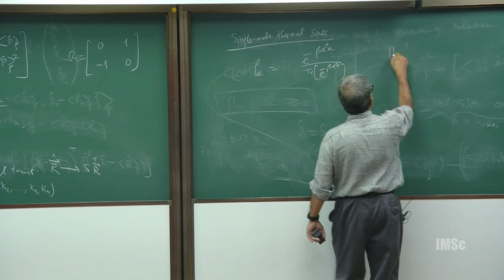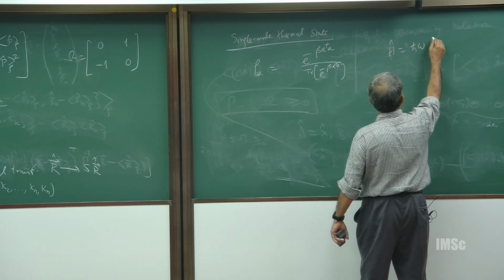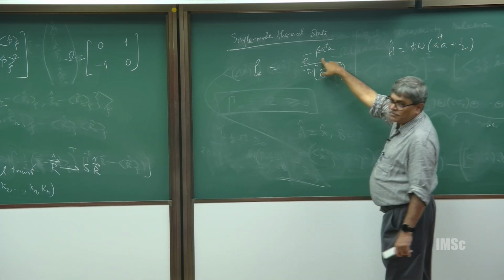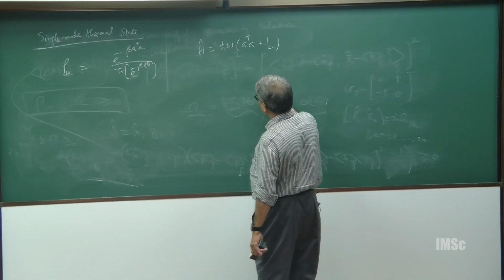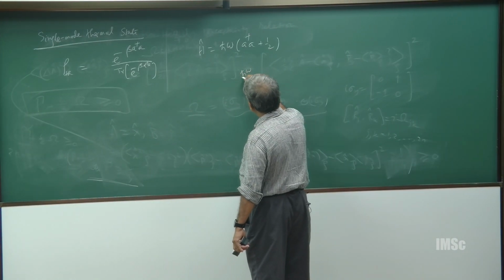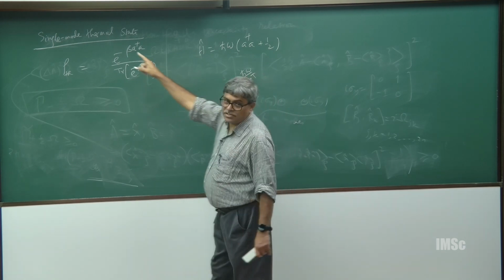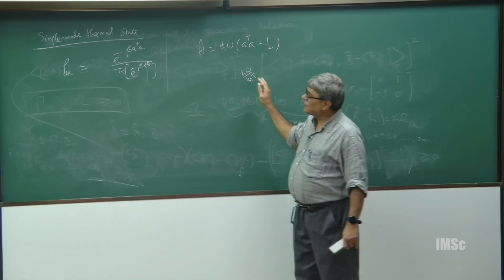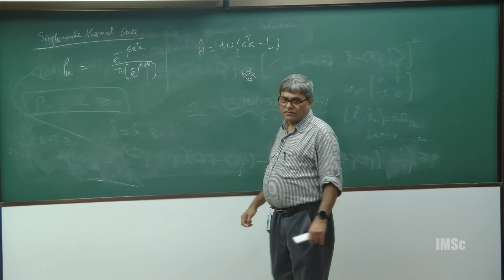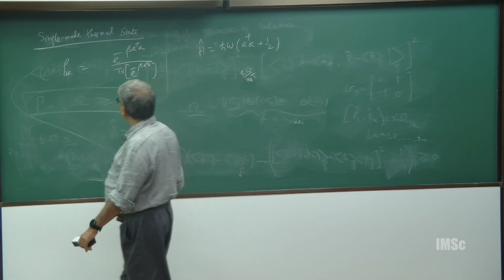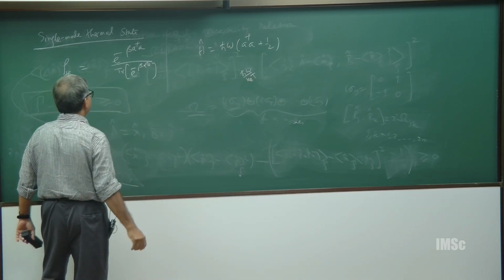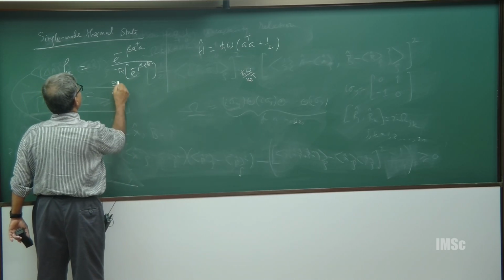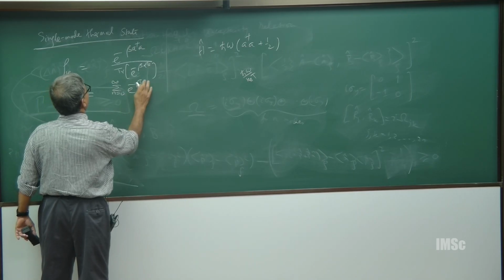Originally the harmonic oscillator Hamiltonian looks like h cut omega, a dagger a plus half, with the coefficient h cut omega by k B T, but you can take h cut, omega and k B everything as 1. So this beta is the inverse temperature.